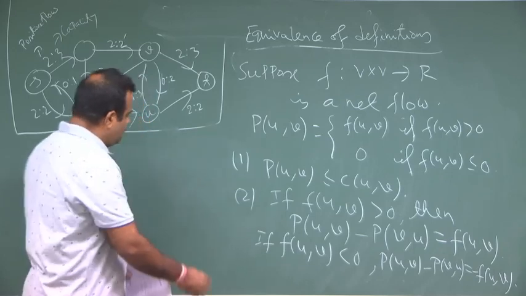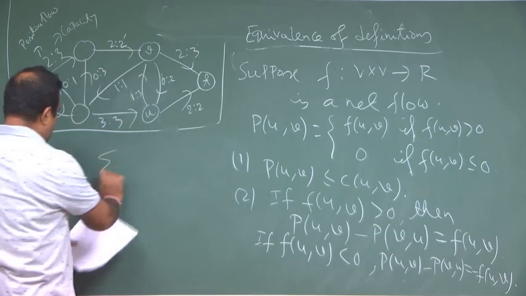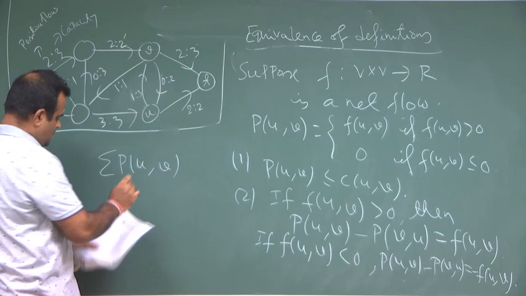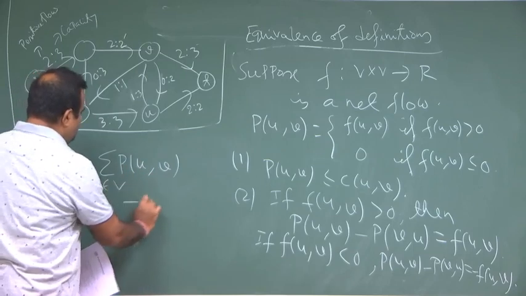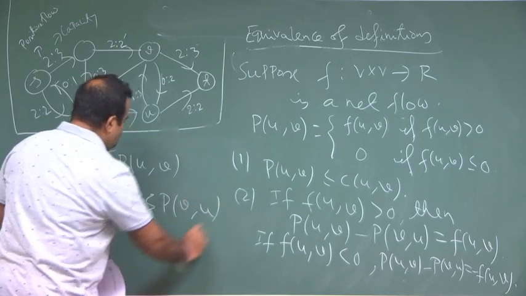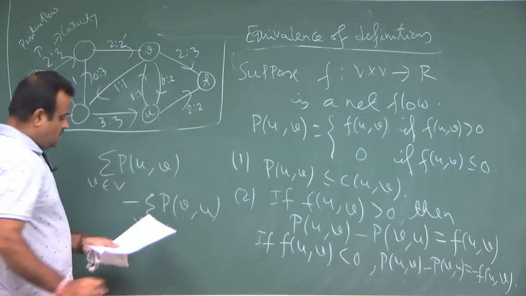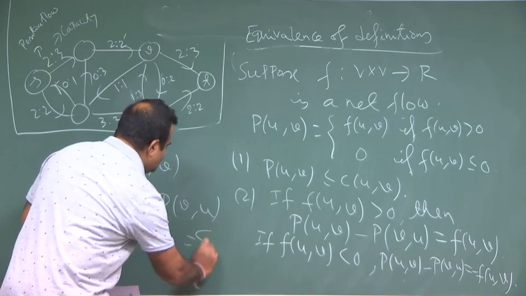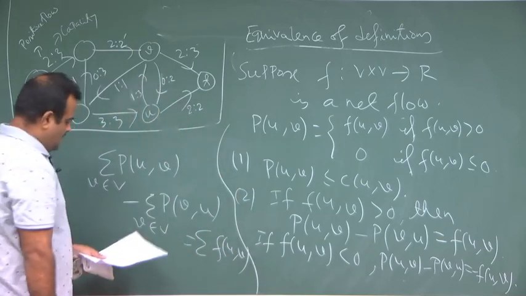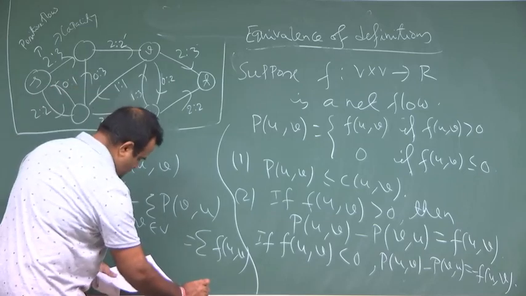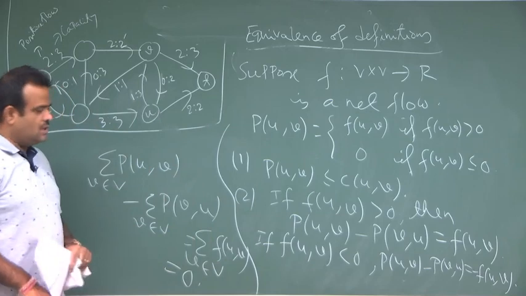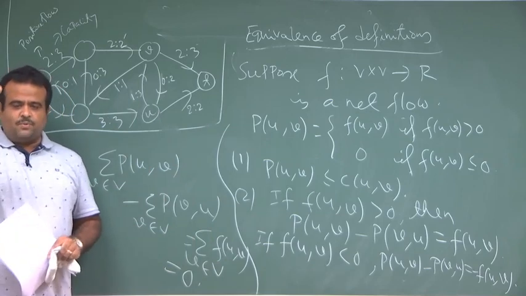Therefore, if you take the summation of p of u v, with v varying over V, minus the summation of p of v u, this is nothing but the summation of f of u v, and this we know is 0, because net flow consumption at any point is 0.